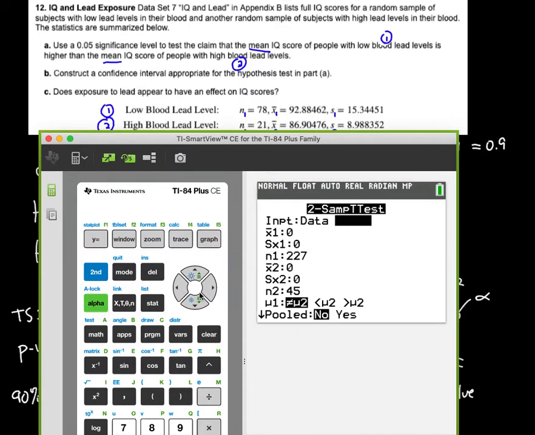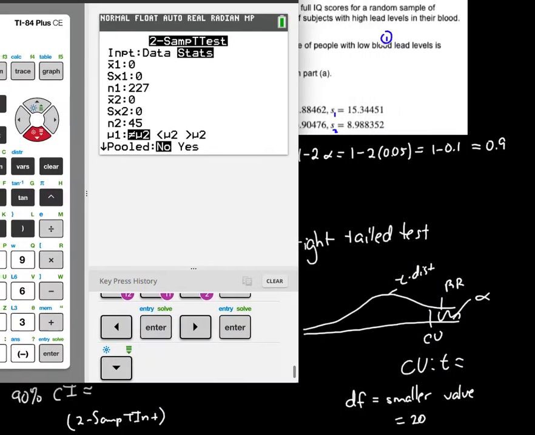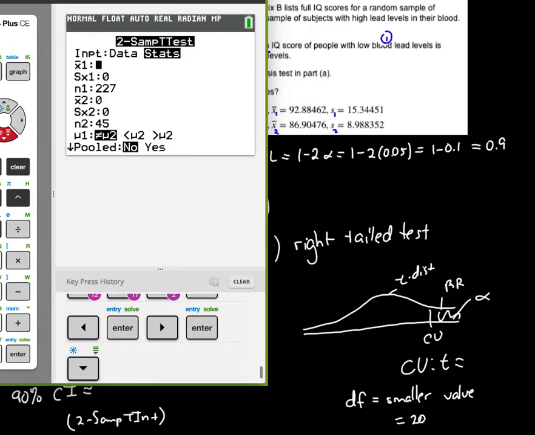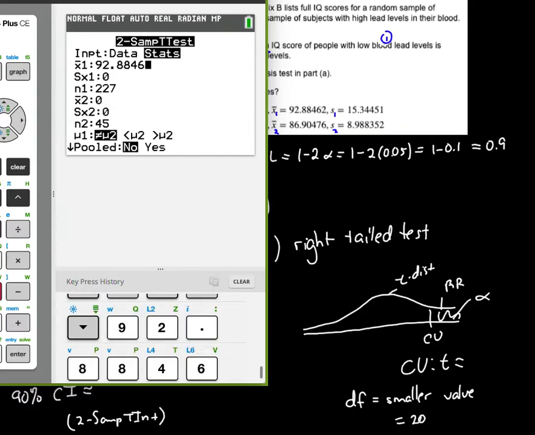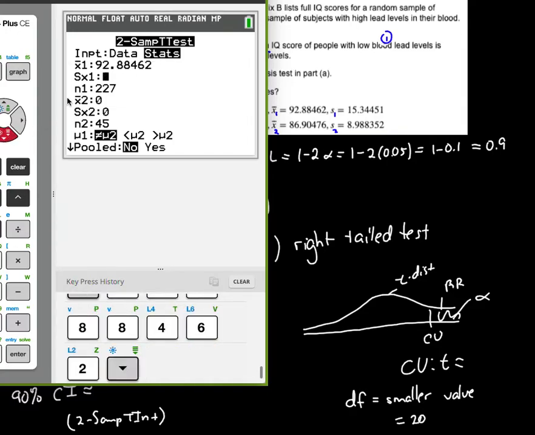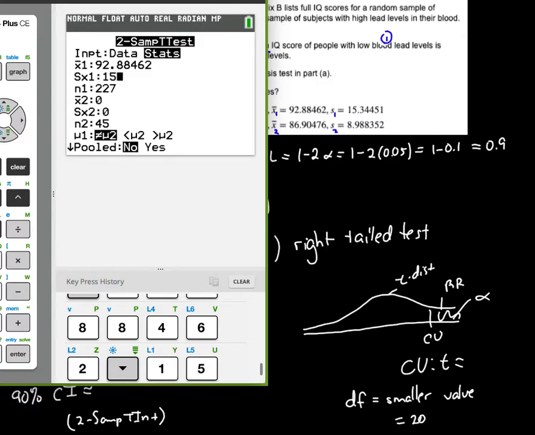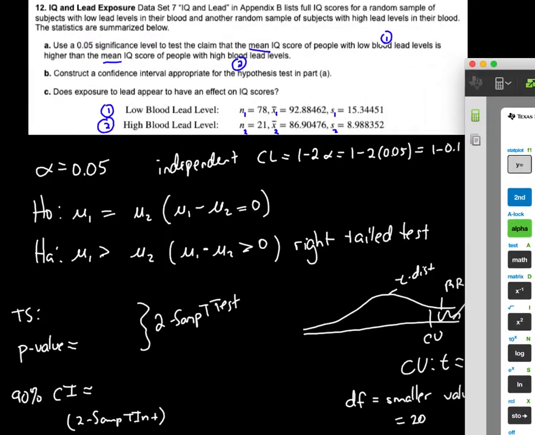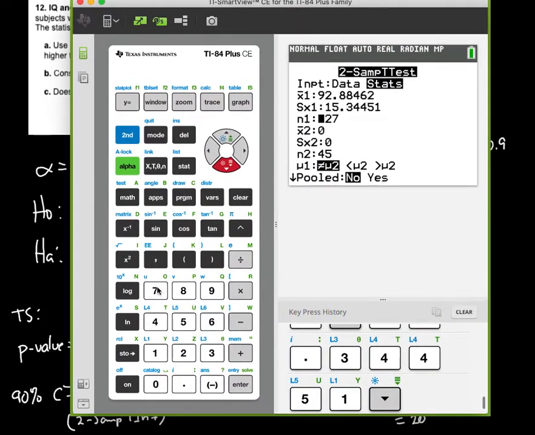So X bar 1 was, okay, don't input this incorrectly, 92.88462. SX1, the sample standard deviation from the first, was 15.34451. And then N1 was 78.